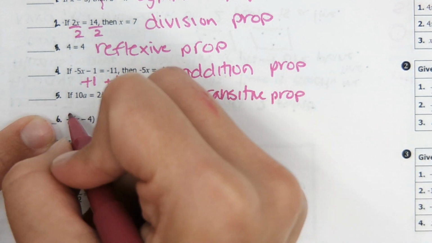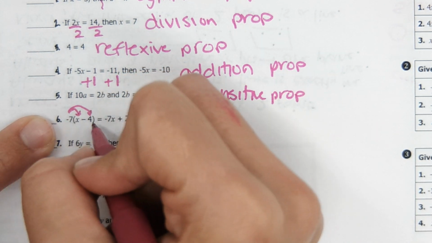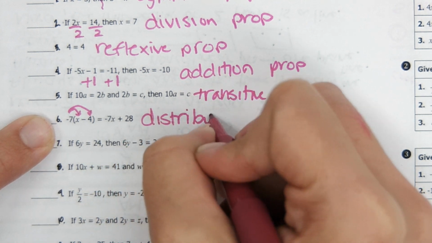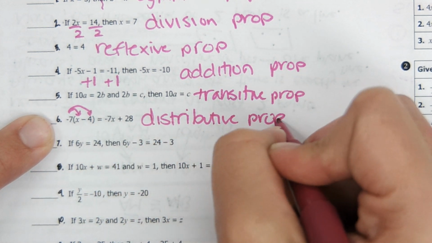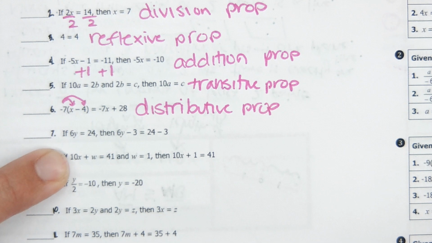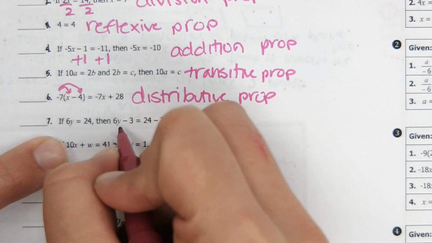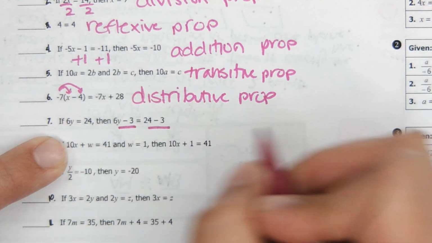Number 6 should be recognizable. Multiply that negative 7 by both terms to get this. That is distributive property. The next one, they show minus 3 on both sides.